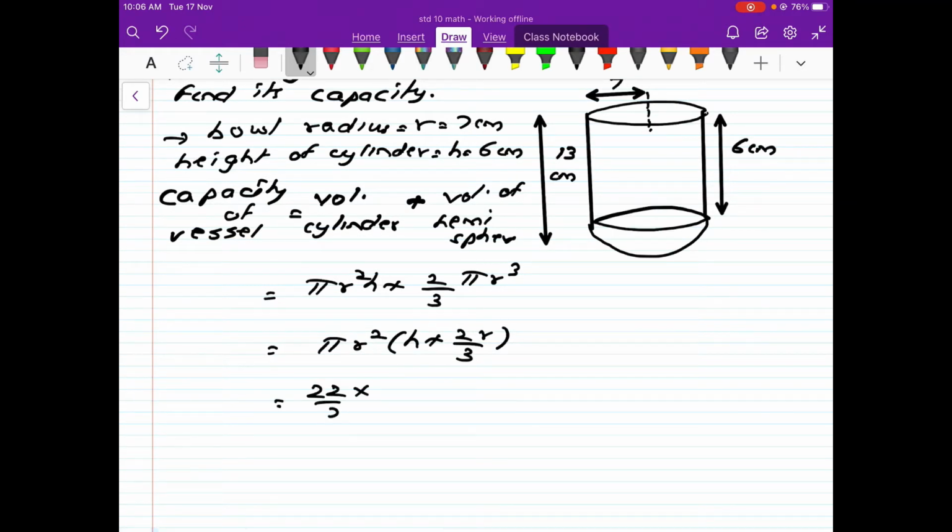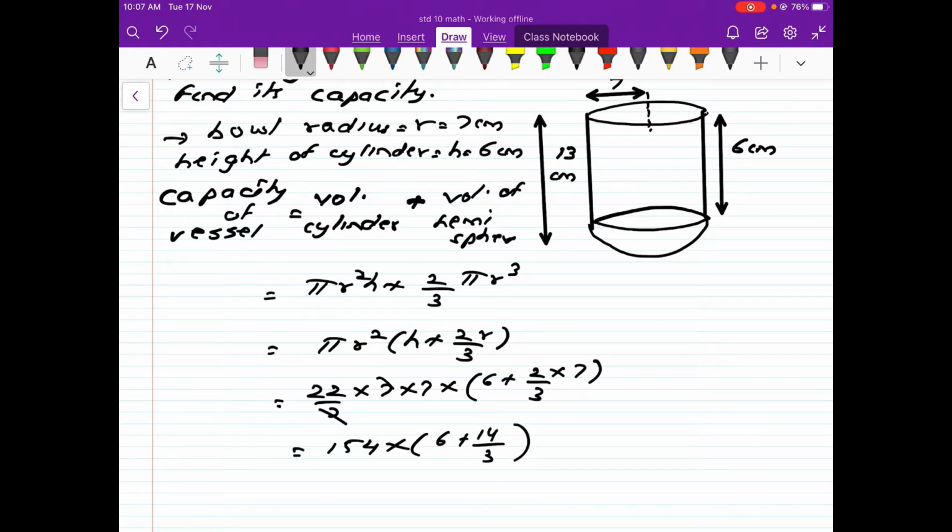So we will put the values accordingly. 22 by 7 into the radius 7 square into height 6 plus 2 upon 3 into 7. So, this becomes 22 into 7, one of the 7s gets cancelled, so this becomes 154 into 6 plus 14 upon 3.